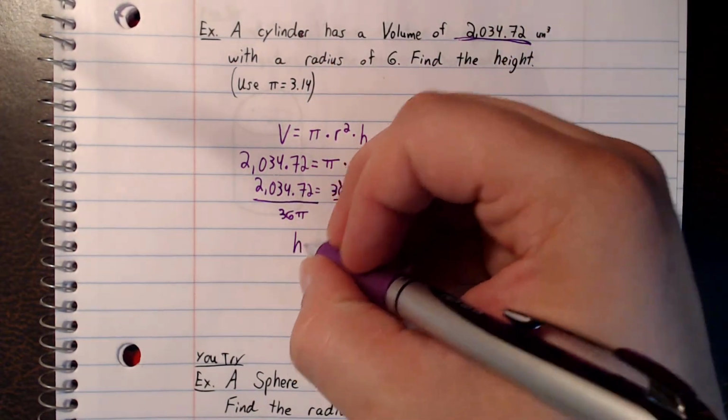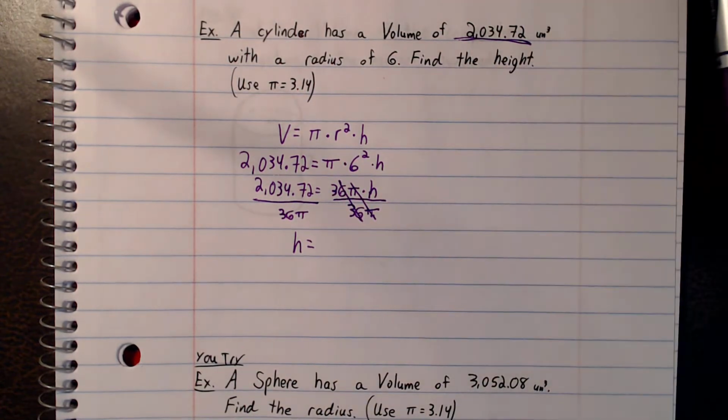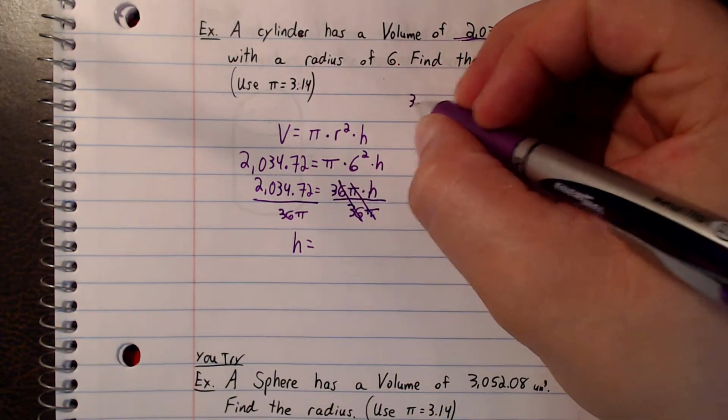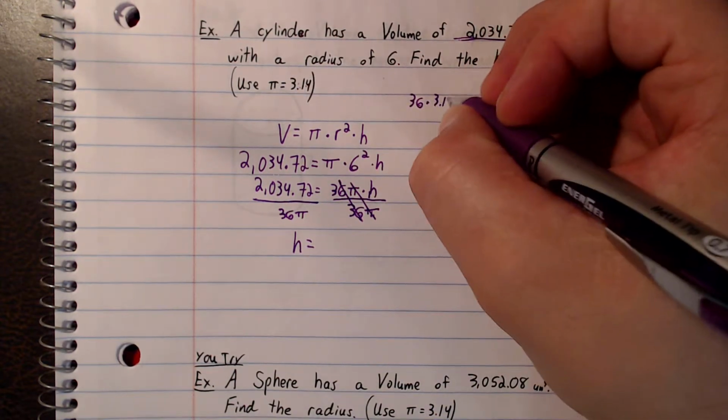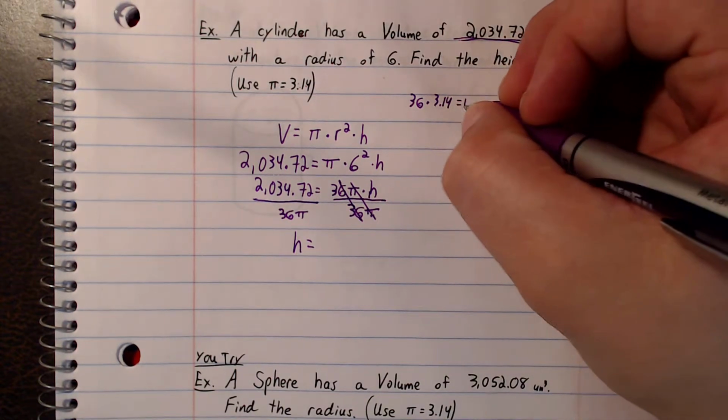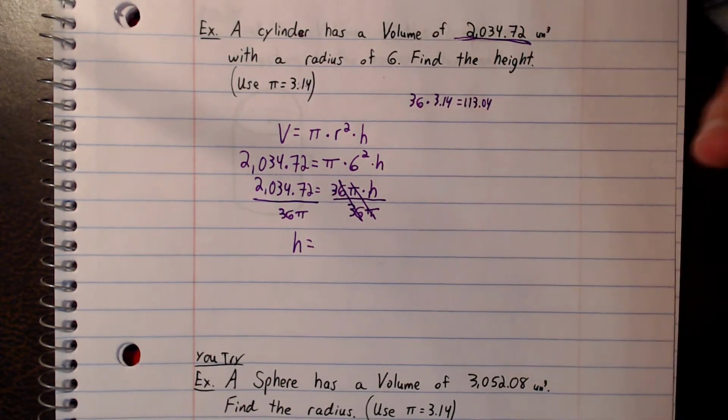So, here's the deal. They told me in the problem to do 3.14 for pi. So 36 times 3.14, that's 113.04.